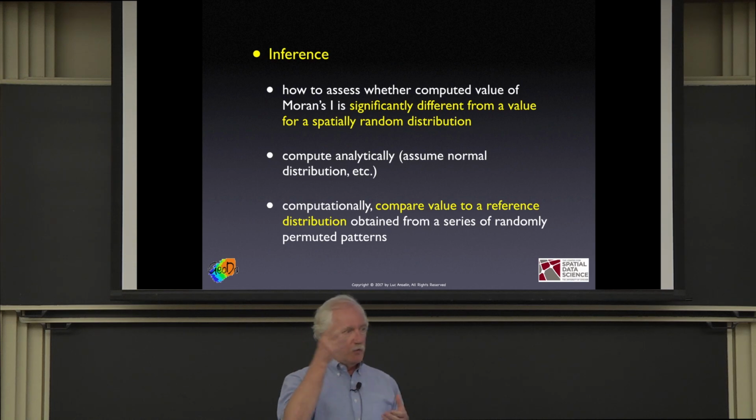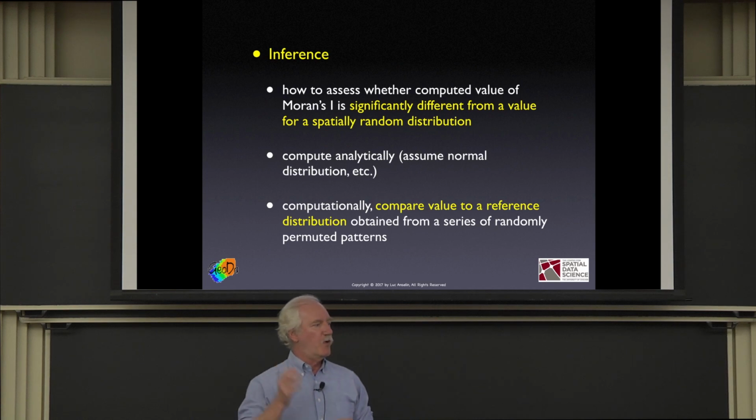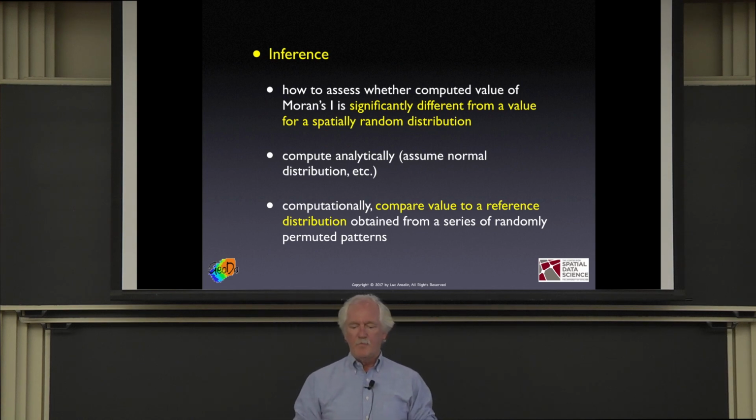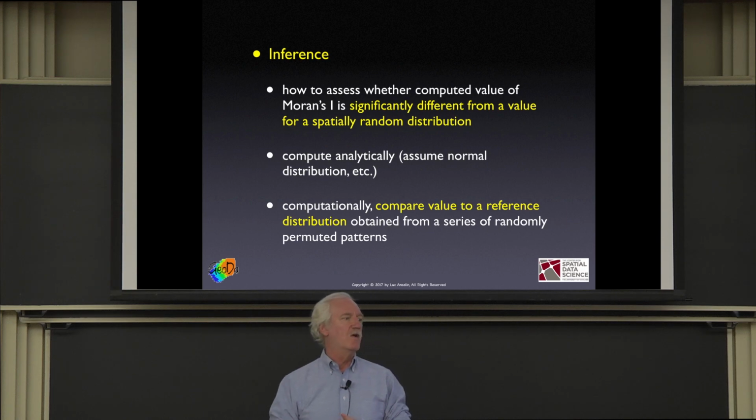We have this cross product in the numerator and the squares in the denominator. Even if we assume nice things like a Gaussian distribution, independent under the null, it's really not that easy to analytically derive what is the ratio of a cross product to a square.